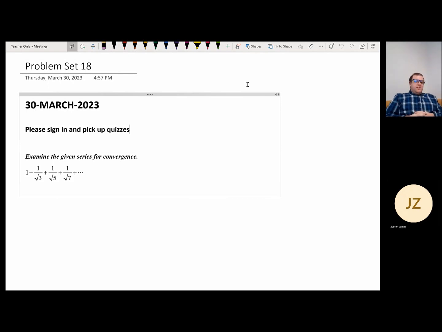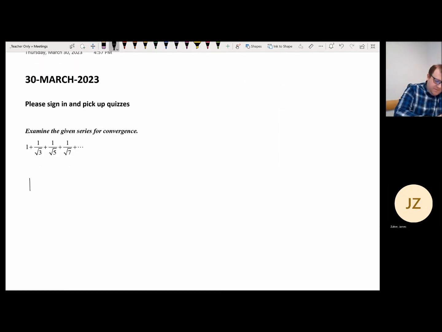We want to examine this series for convergence. Again, let's put it in sigma notation.